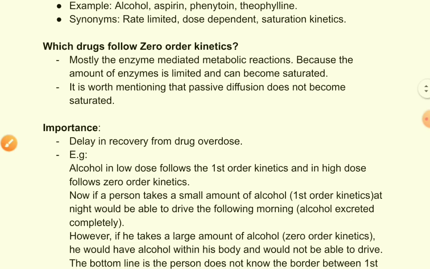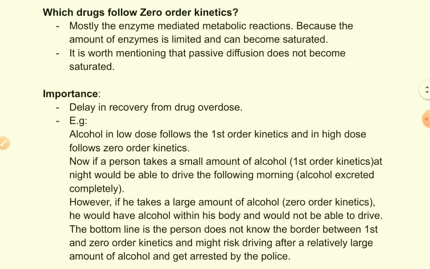Now you may ask a question: can the first order kinetics follow the zero order kinetics, or can zero order kinetics follow first order kinetics? Or to be more clear, can some drugs follow first order kinetics as well as zero order kinetics? The answer is yes.